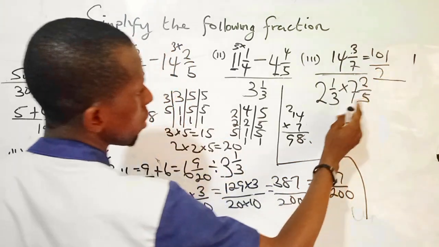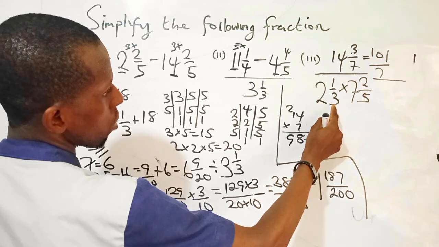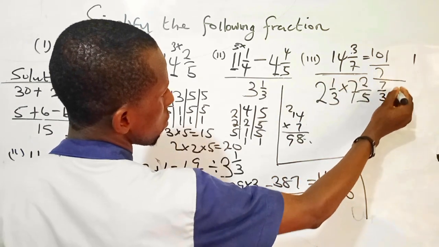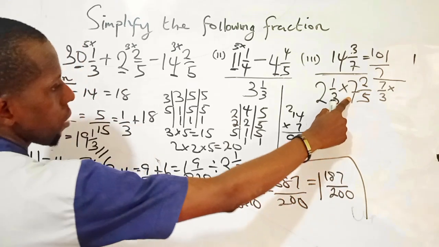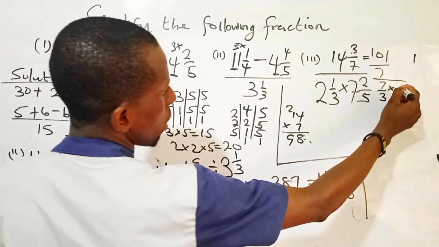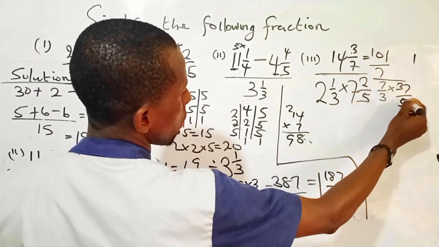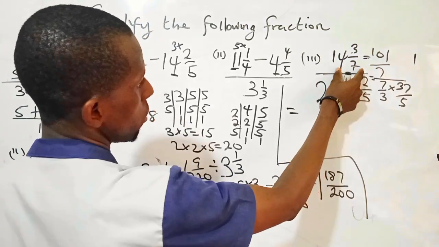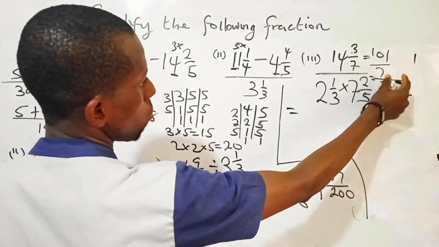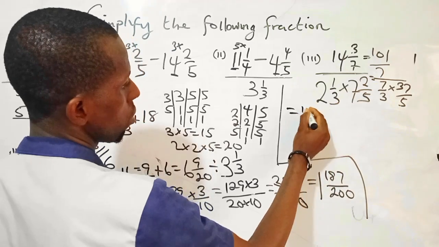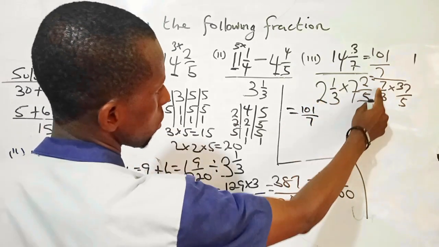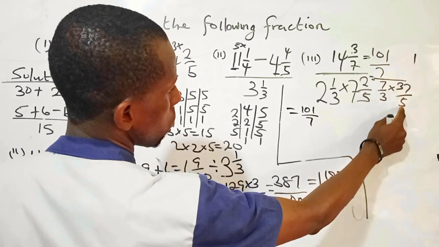Divided by, when you change this as well, 3 times 2 is 6 plus 1, that is 7 over 3, times 5 times 7 is 35, plus 2 is 37 over 5. So taking it from here, we have 101 over 7, and then 7 over 3, and then 37 over 5.